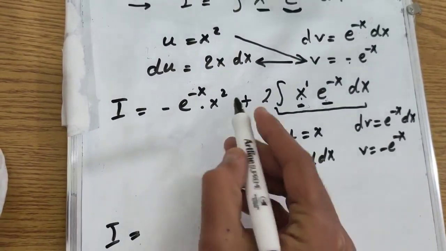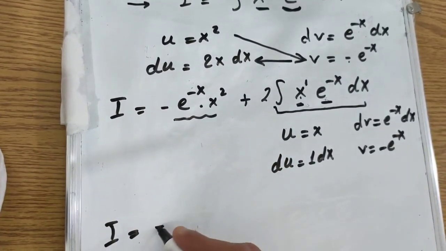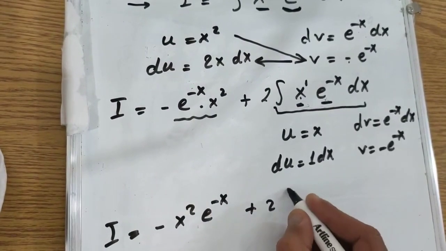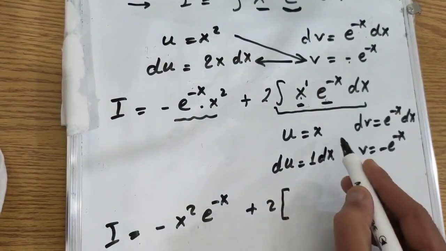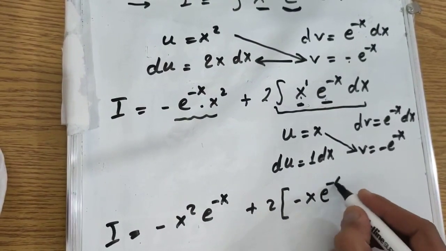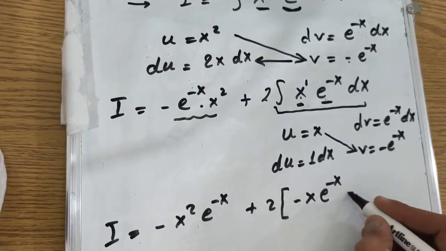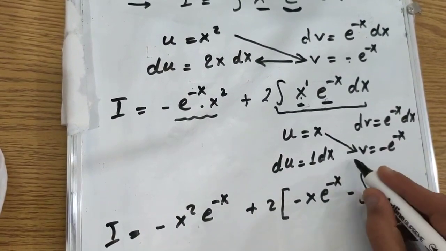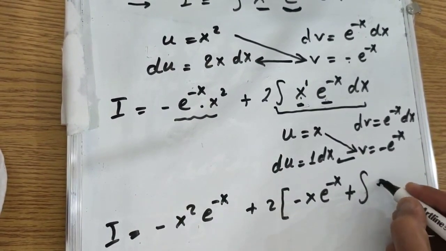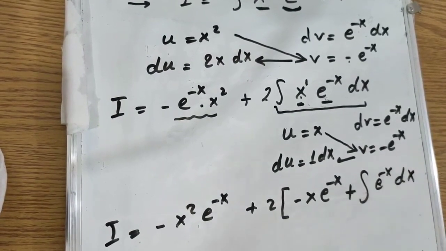Our integration now, this first term is the same, negative x squared e power negative x, plus 2 times, using the rule of integration by parts, u times v will be negative x e power negative x, minus integration of v du, and again the constant, which is negative, outside, e power negative x dx.